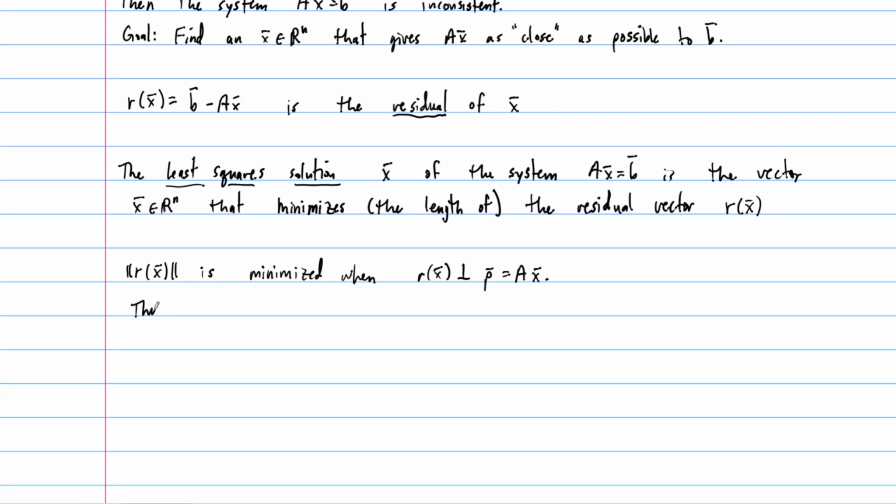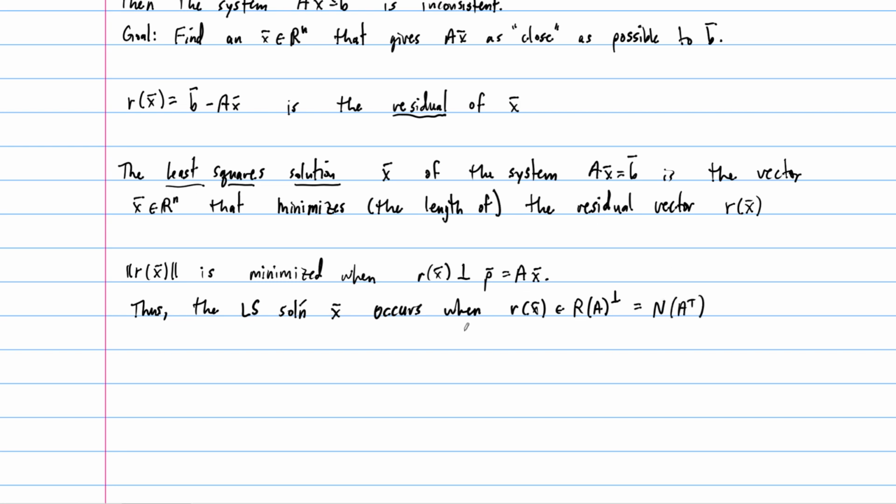All right, so thus the least squares, I'm just going to call this LS, the LS solution x occurs when R(x) is in the orthogonal complement of the image space. But remember, our fundamental subspace theorem says that the orthogonal complement of R(A) is the null space of A transpose.